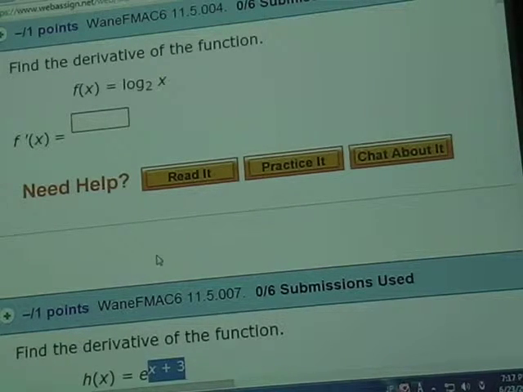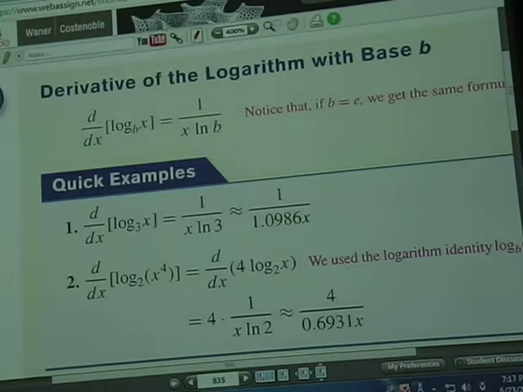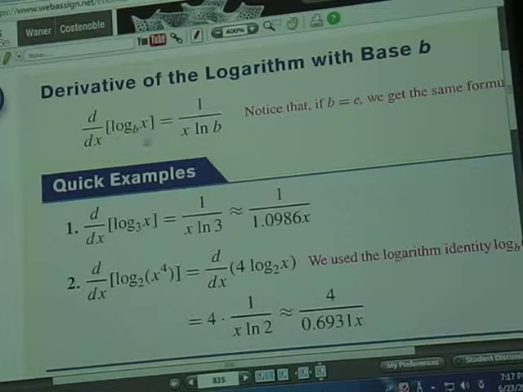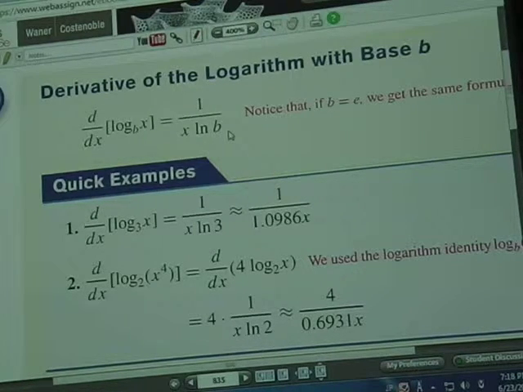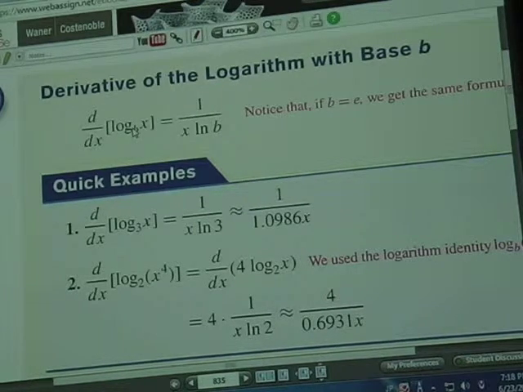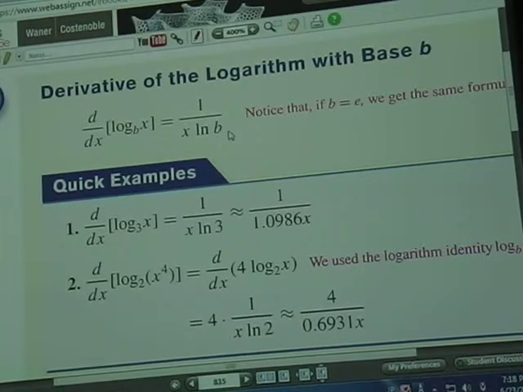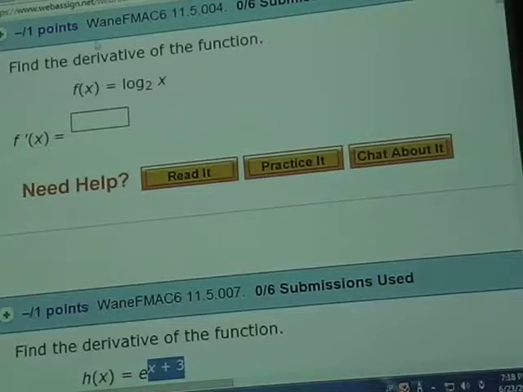What was that rule again? I'll give it to you again. Maybe you want to write it down. Here it is. Log base b of x, 1 over x ln b. Okay, I'll let you write that down and then try and do the other problem. Everybody record that? Okay, now try and do this one.